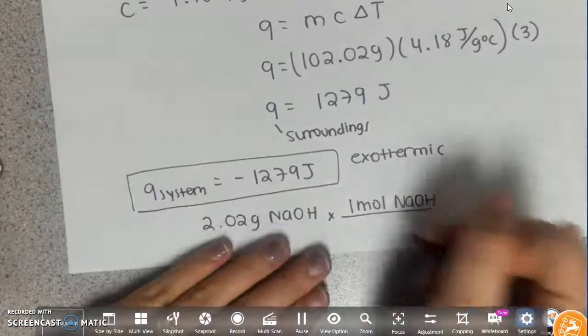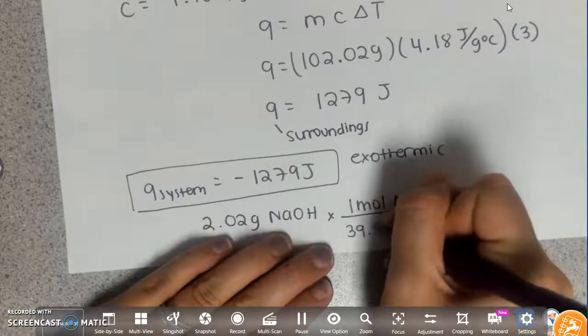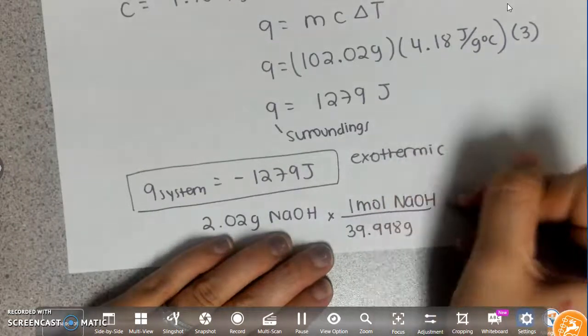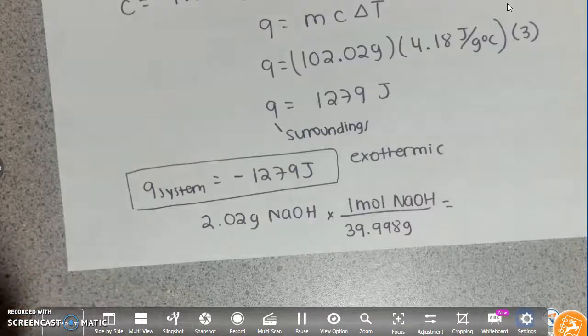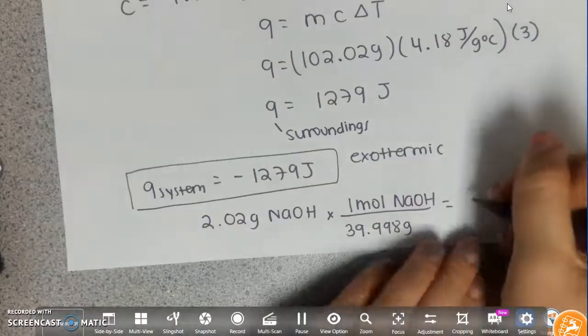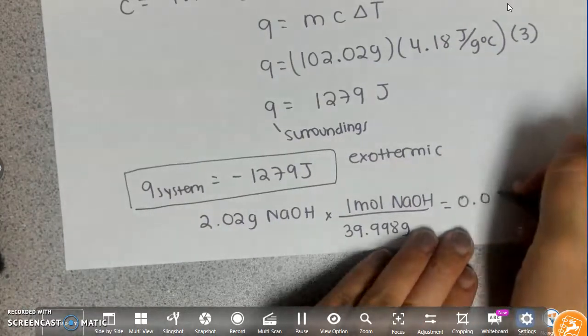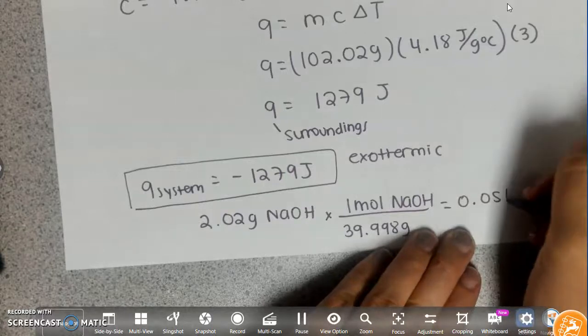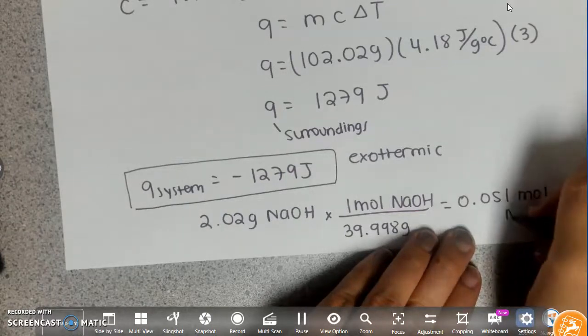So the molar mass of NaOH is 39.998 grams per mole. So that was my fake example. I used 0.051 moles of sodium hydroxide.